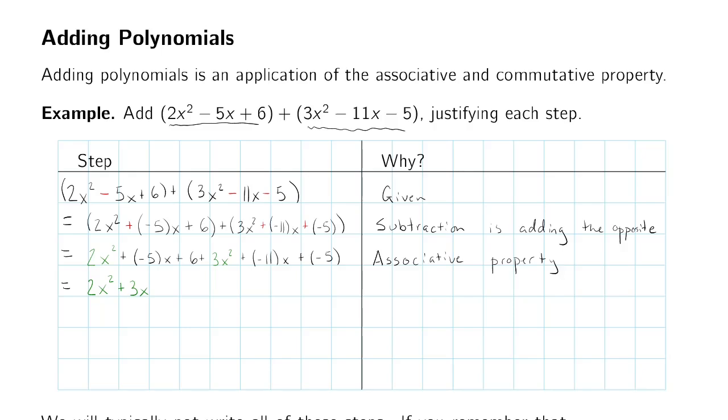And then we have two terms with just x in them, and we'll write those next. And finally, we have two terms that are constants, and we'll write those last. And that has been just the commutative property.